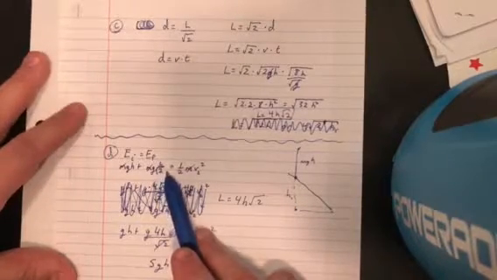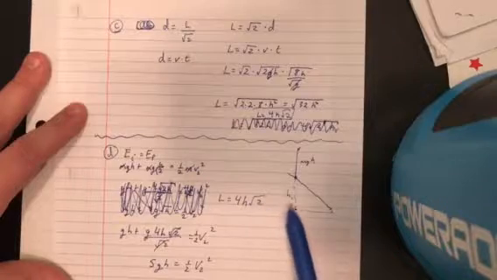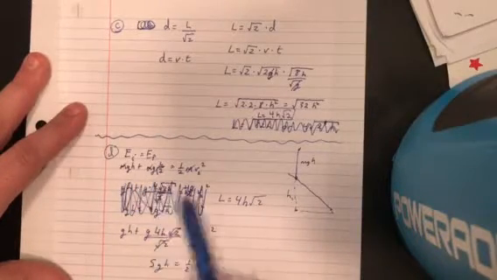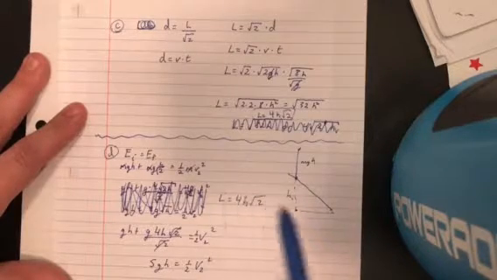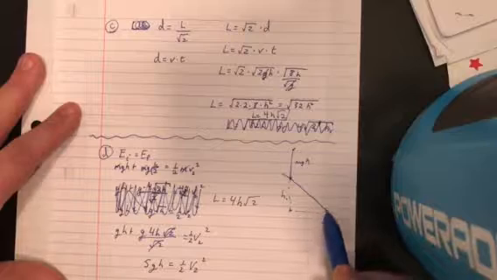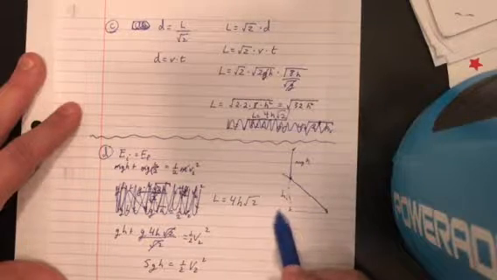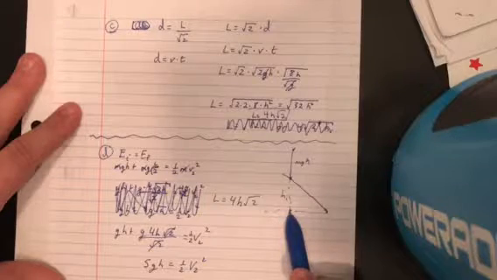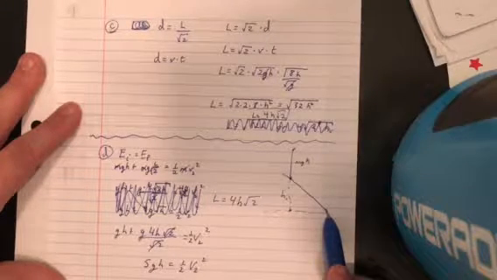That's what they said. But I mean, you could plug it in. There's a bunch of different ways of doing it, but I'm just going to take their approach. So mgh plus this additional height has to be equal to 1/2 mv squared. Because all we care about here is the energy, because we're calling this height 0, h equals 0. So all of this is going to be converted into velocity at that point.